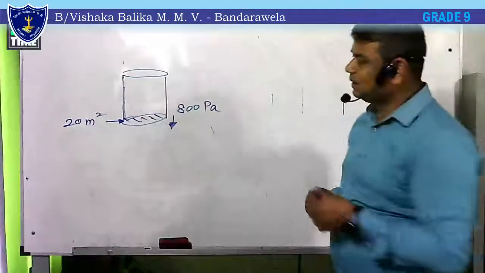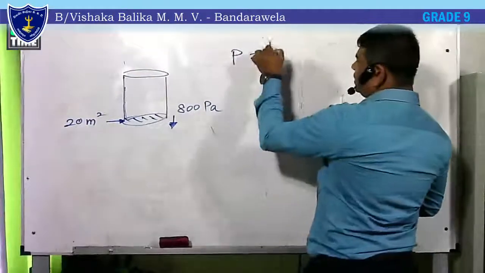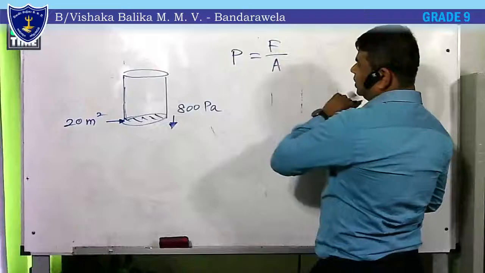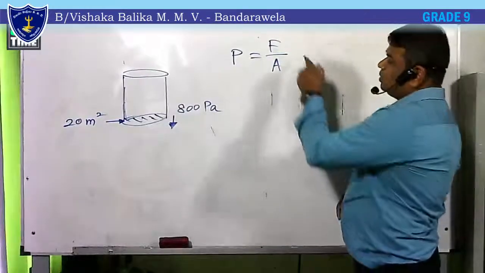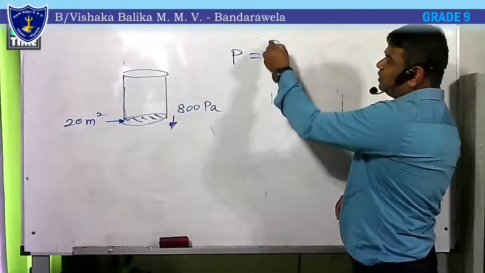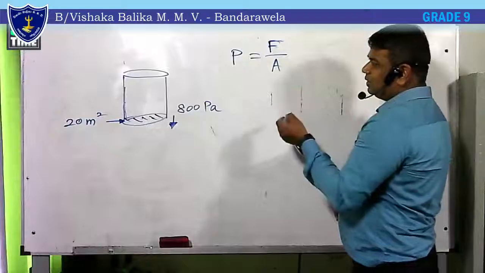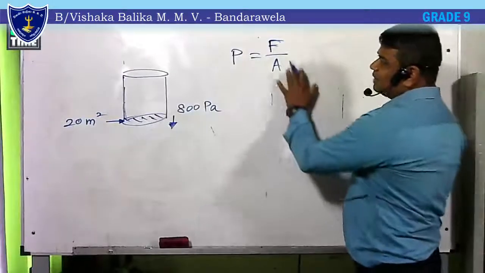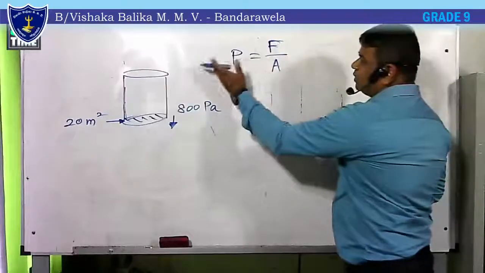This time force is asked. Pressure equals force divided by area. But force is asked in the question, so you have to find force. Force is the unknown thing. There are two methods. First method is directly subjecting this A and taking the A into this side.